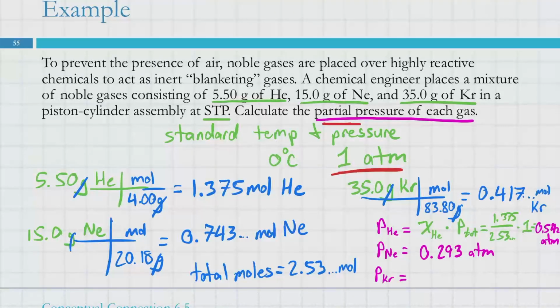And then our last one, we're taking the 0.417 moles of krypton, dividing it by the total moles of gas, and then multiplying that by our P total, which is 1. So this is 0.165 after we round for 3 sig figs.